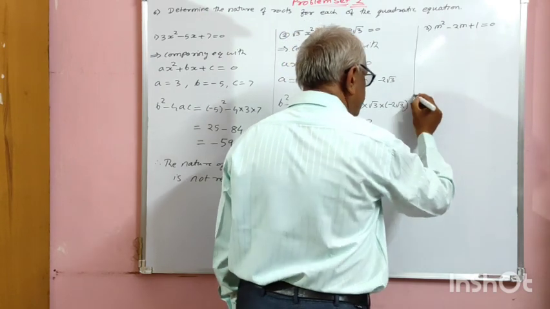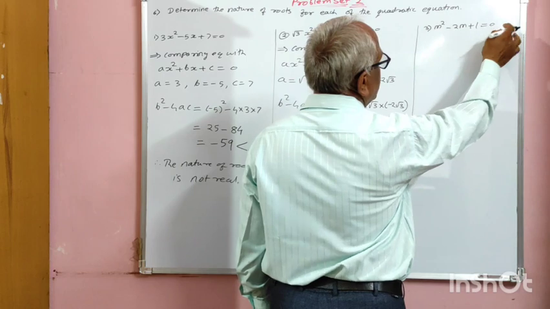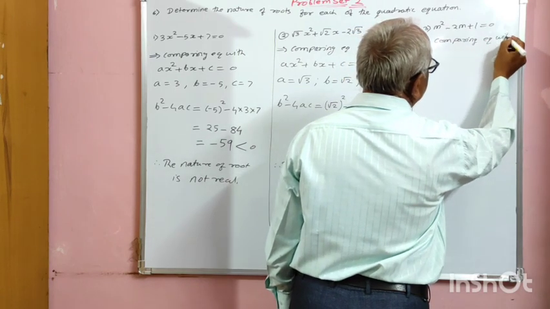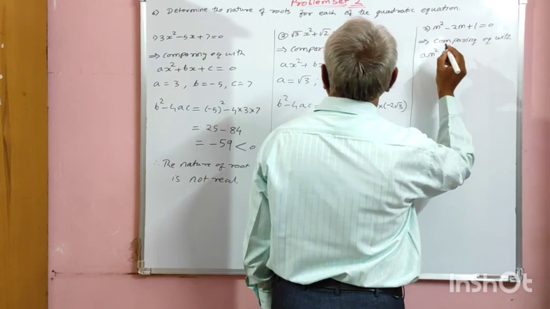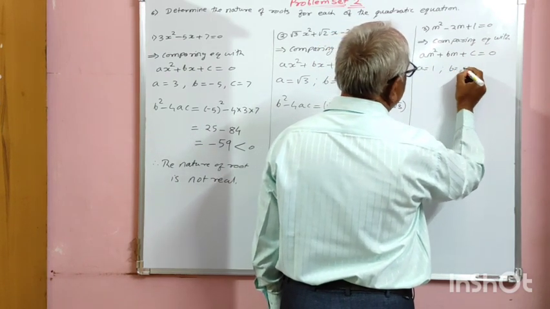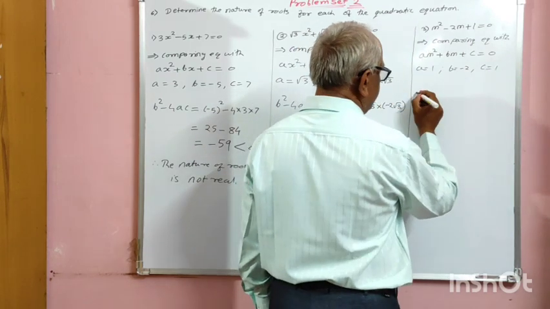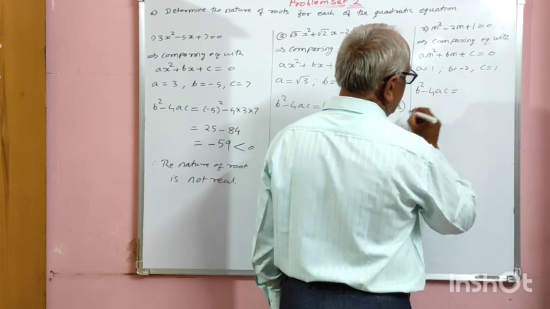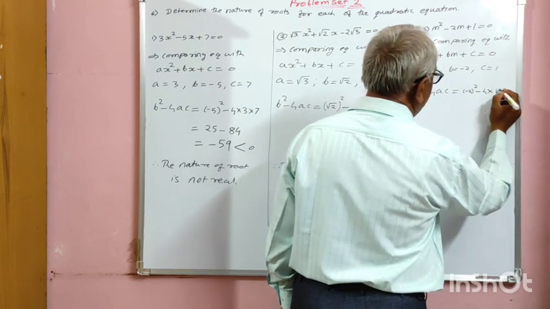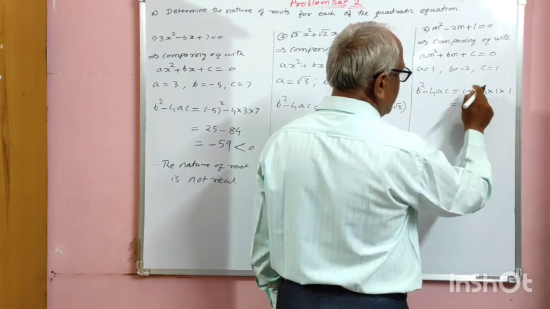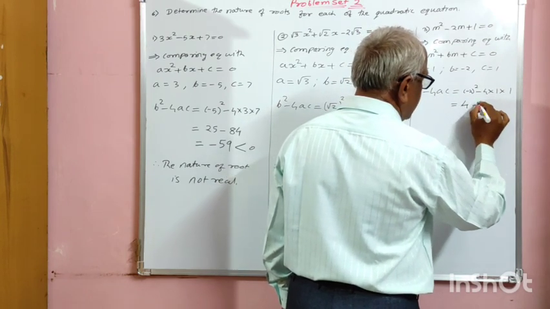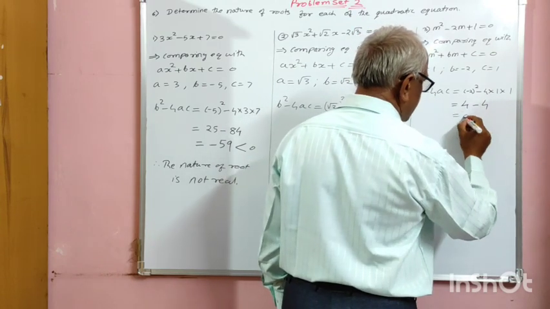Now third example, m square minus 2m plus 1 is equal to 0, that is comparing equation with am square plus bm plus c is equal to 0, where a is equal to 1, b is equal to minus 2, c is equal to 1. b square minus 4ac is equal to b value is minus 2 square, minus 4 into a is 1 into c is 1, which is equal to minus 2 square, means it is 4 minus 4, which is equal to 0.